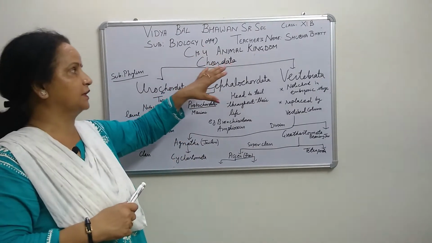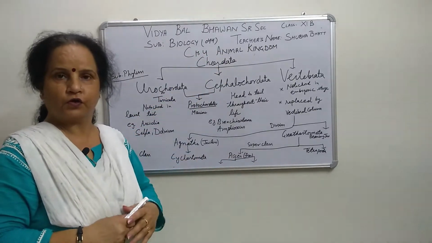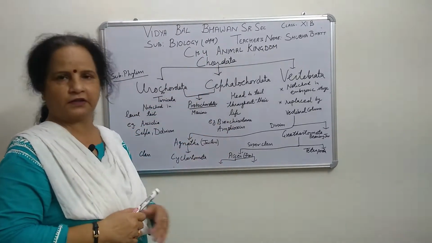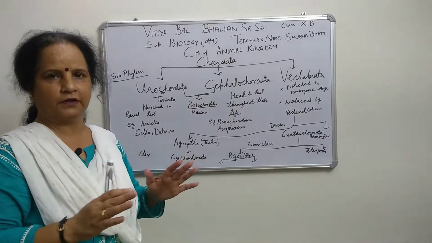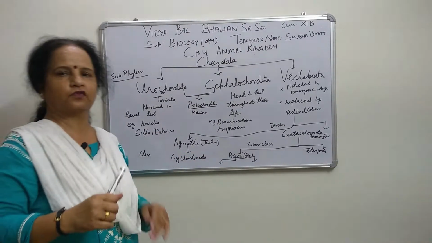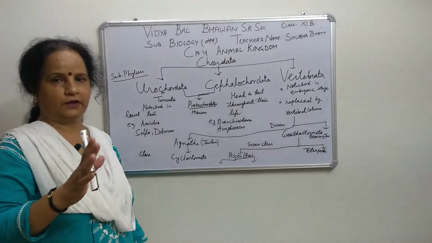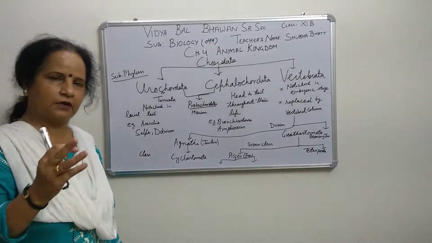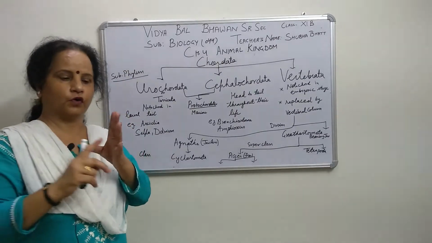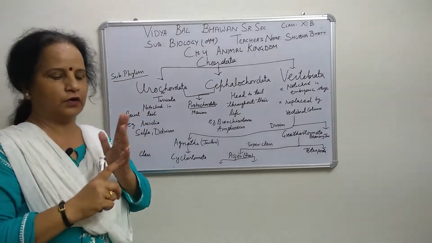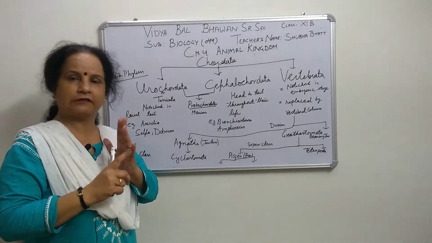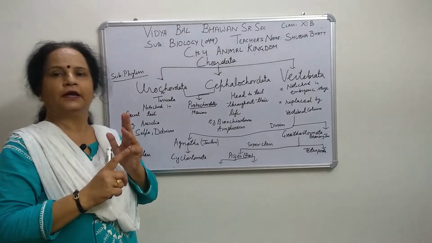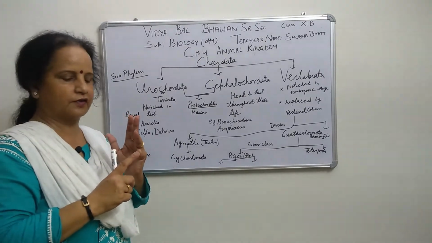So we will see how the further classification of chordates works. That is new for you, I think; earlier in class 9th you have only done the main characteristics of chordates, as given in the NCERT book. Again I am recalling: presence of notochord, presence of dorsal nerve cord, then pharyngeal gill slits, fourth the anal tail, pelvic anal tail you can say, and a heart.